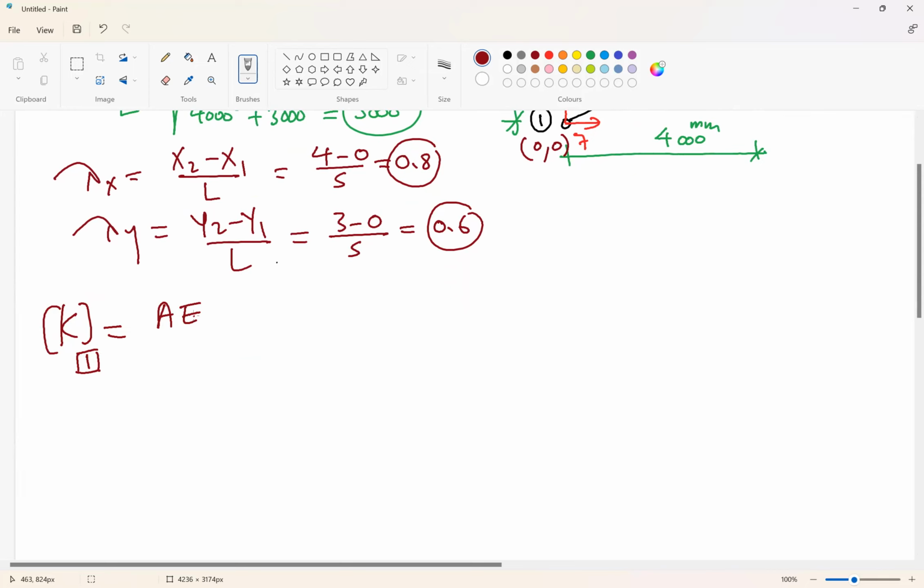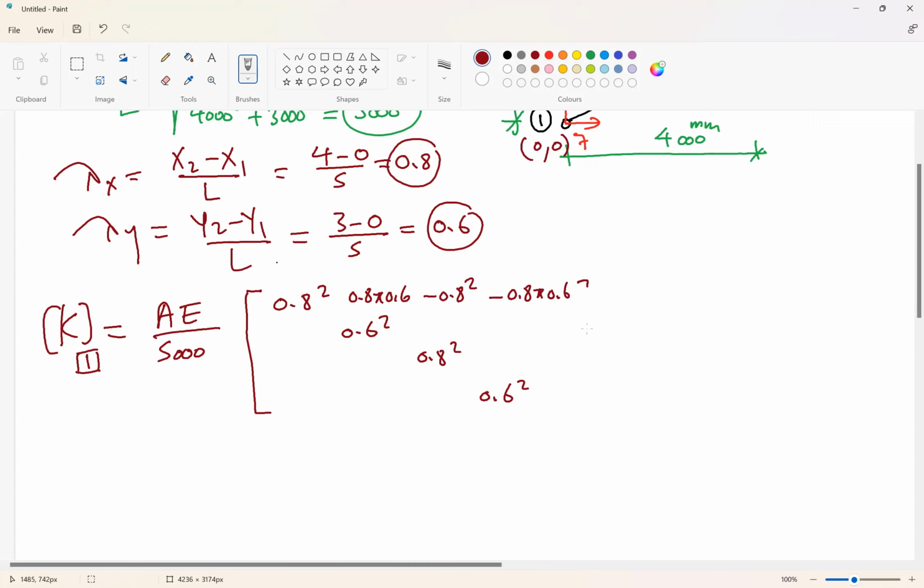So we'll try to do it like this over 5,000, which is the length. This will be times 0.8 square, 0.6 square, 0.8 square, 0.6 square, 0.8 times 0.6, negative 0.8 square, negative 0.8 times 0.6, and so on.